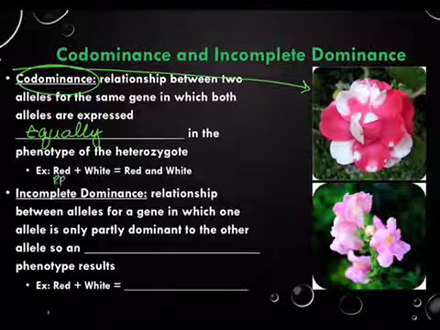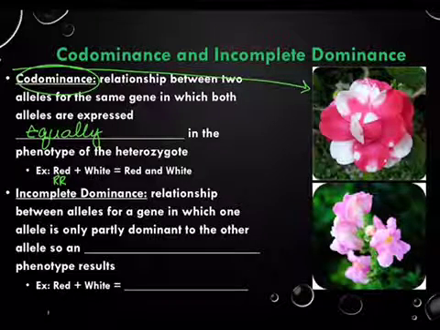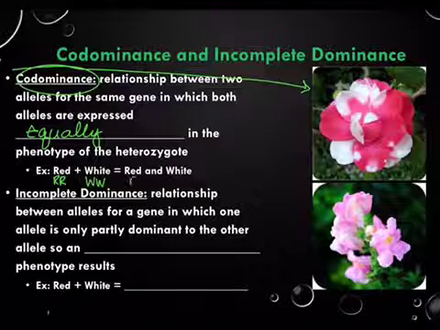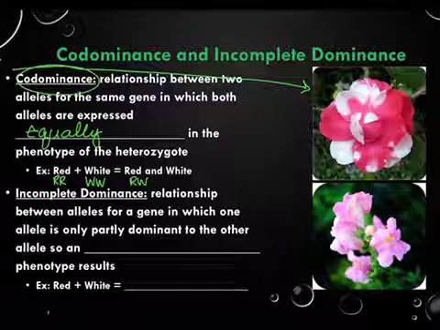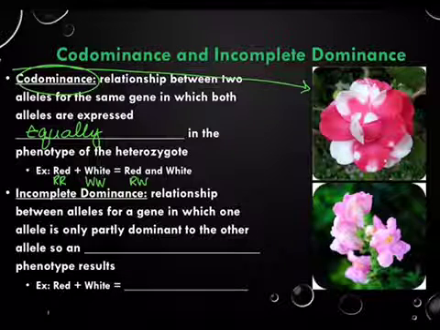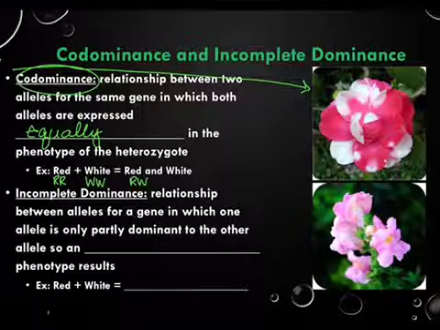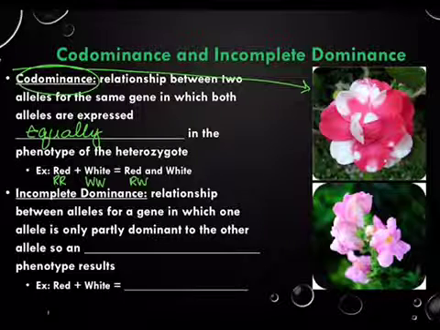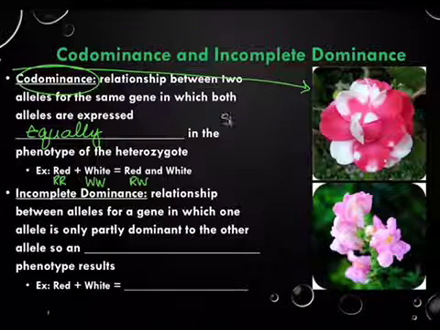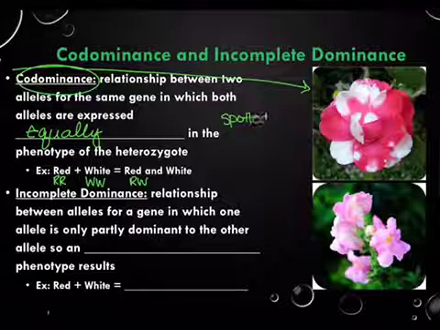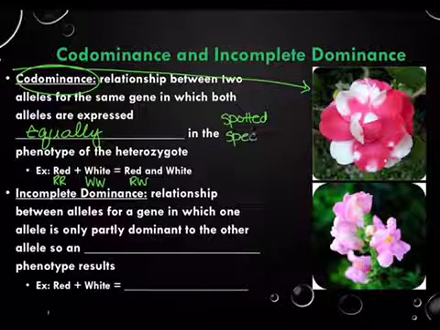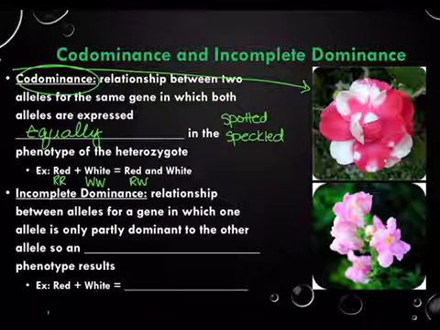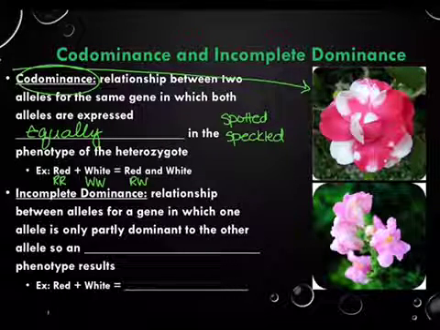So this would be like 2 big R's for red, 2 big W's for white, and then the red and white combo would be one of each. And so kind of key words to clue you in that you're dealing with codominance would be like spotted or speckled, somehow indicating that two colors are showing up.